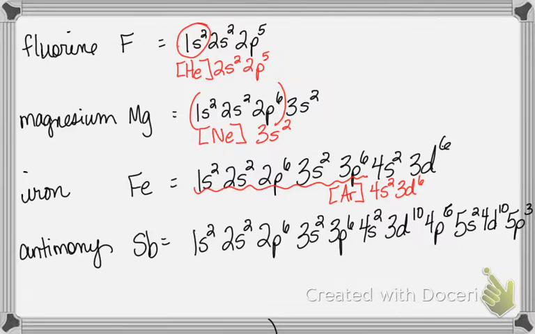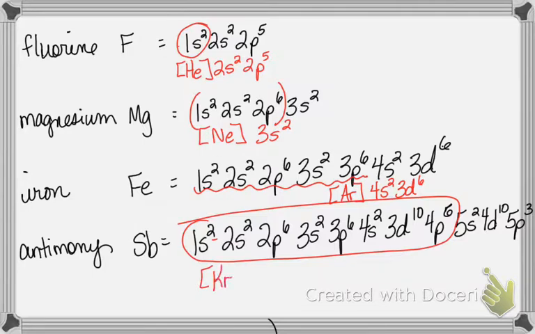Antimony had 51 electrons. If we went through and added up all these numbers, it should add up to be 51. 51 electrons takes care of everything through 4p6. So its shortcut, we could write krypton 5s2, 4d10, 5p3. And yes, I would like for you to know how to do the shortcut.